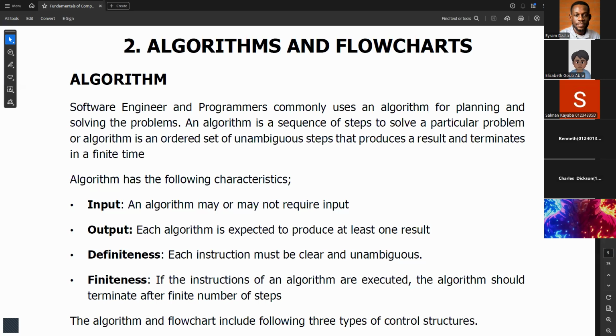Now, an algorithm, bringing it down to our level for us to understand, is like this: let's say you are a chef and you are supposed to prepare a particular meal. There is a set of ingredients and things that you need before you prepare the meal. And there are even processes that you need to follow to prepare that particular meal.